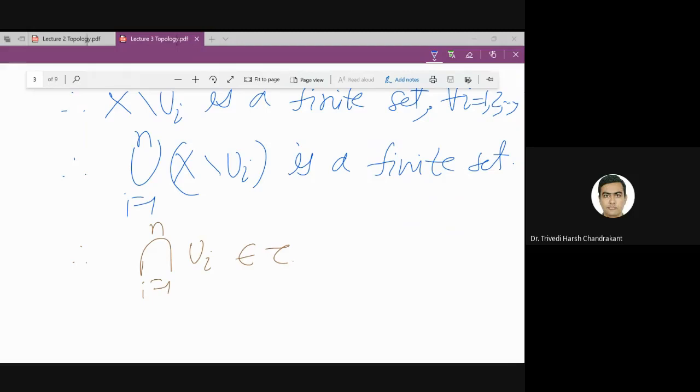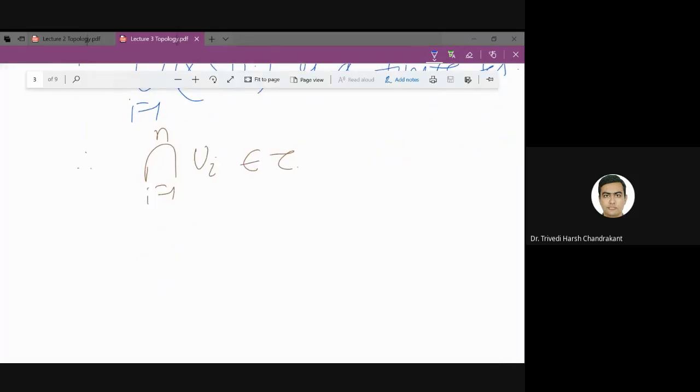Okay, if not, then I will continue to the third property. For the third property, we need to check that tau is closed under arbitrary union.